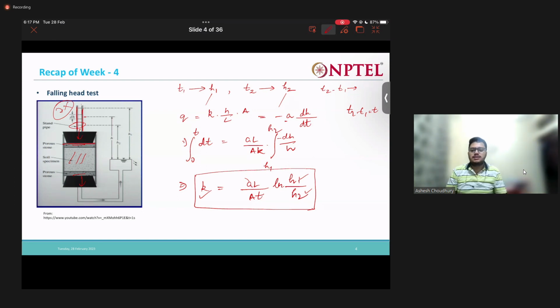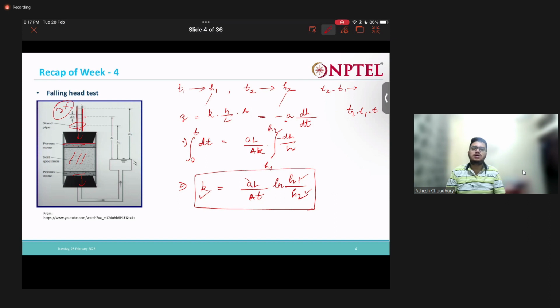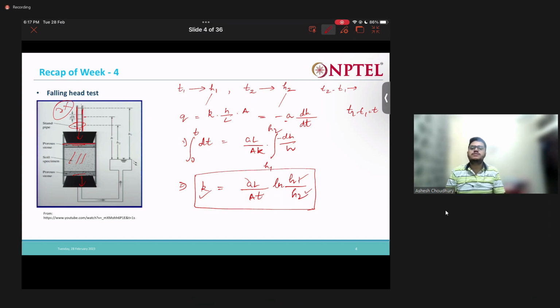why is the falling head test used for fine grained soil and why is the constant head test used for granular soil? The answer to this is very simple and very intuitive. Our intuition says that if the soil is granular like sand or gravel, what will happen? Those are more porous, permeability is very high.